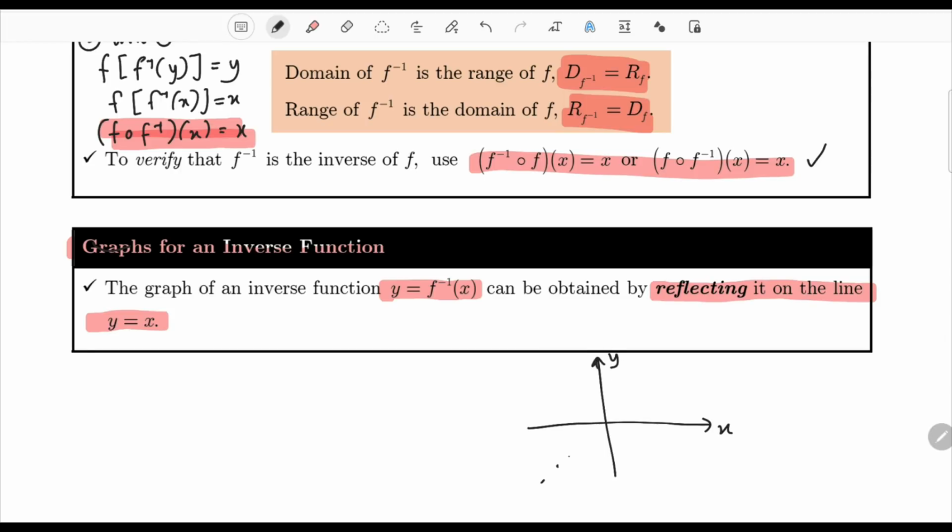The line y equals x is this line. If you have this curve as your f(x), you reflect it on the line y equal to x, and you will get something like this as your f inverse of x.